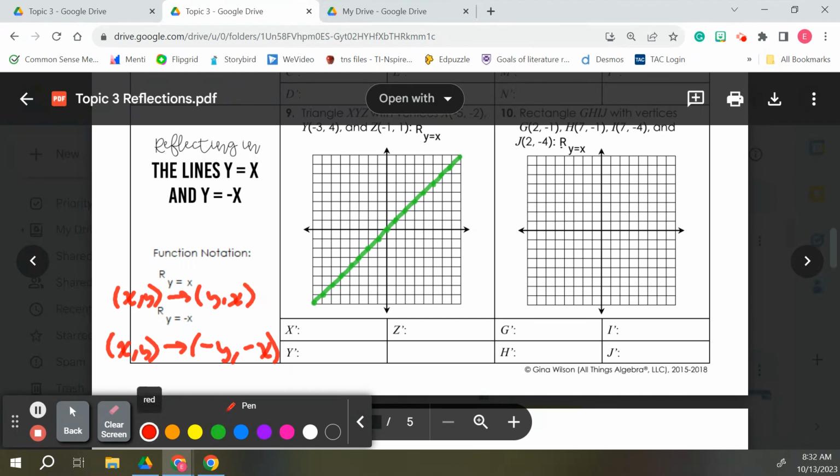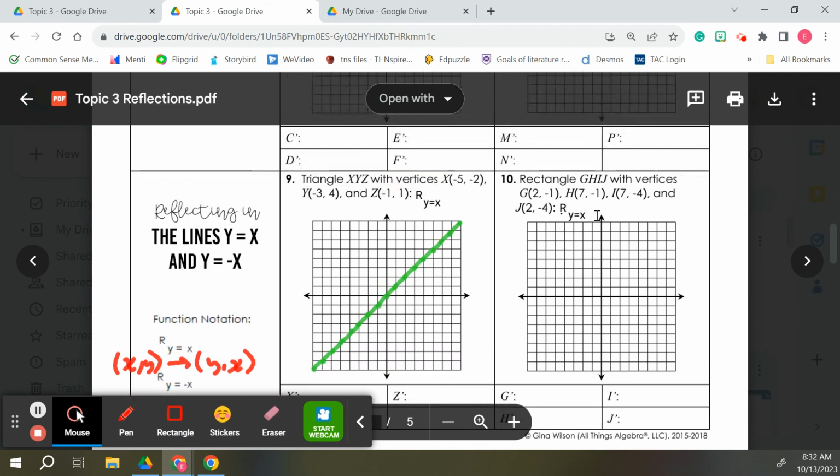Now I'm going to plot the points for this. I'm going to do it in red. So this will be X at -5, -2, and then Y at -3, up 4, and then Z at -1, 1. So here's the triangle.